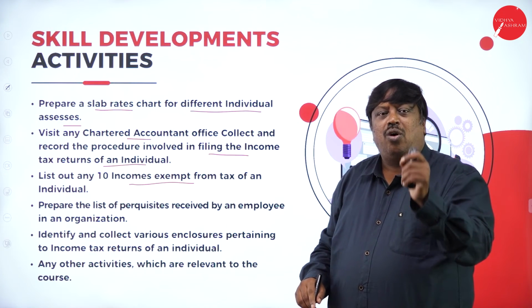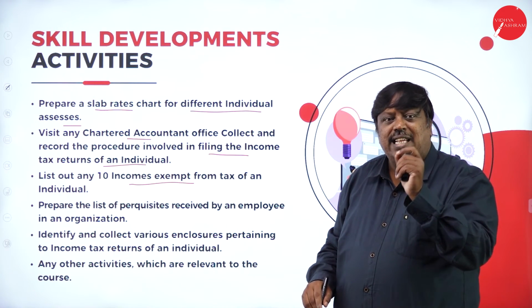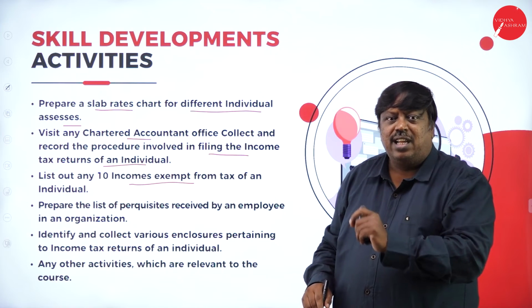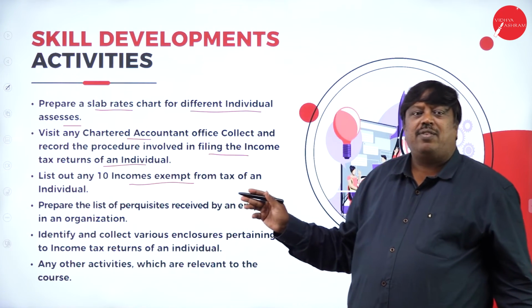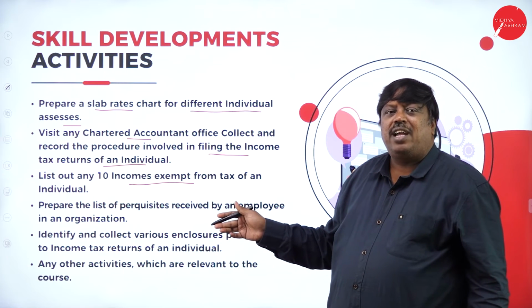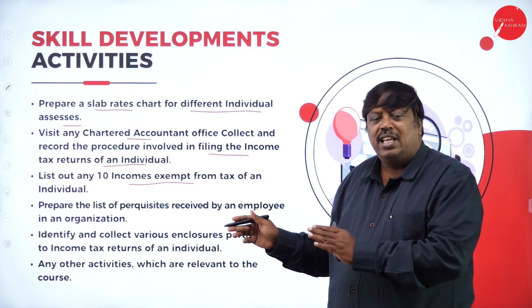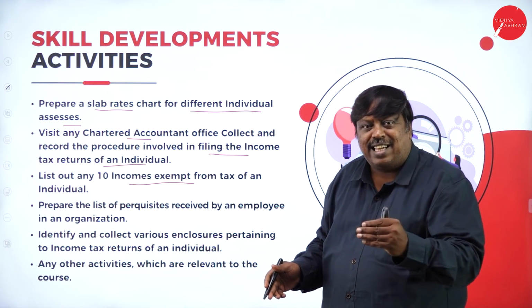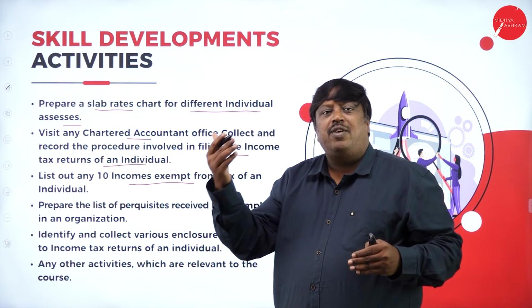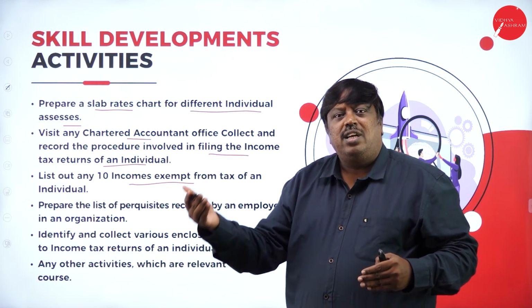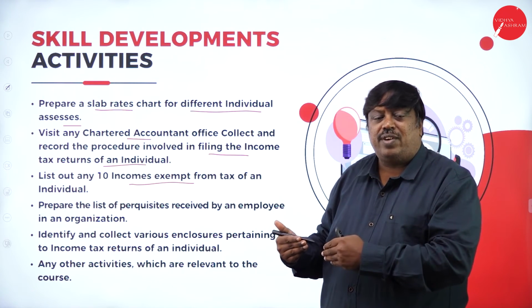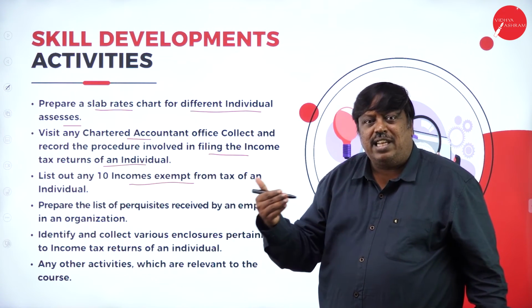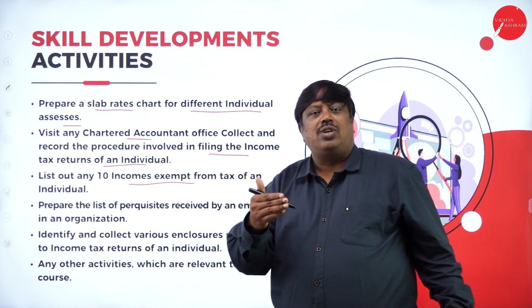Briefly mention all the exempted incomes under section 10, and I have to write all the 10 points here. For each point, we get 1 mark. If I prepare a chart and keep it, it will support my examination as well as my future business or employment growth, when I receive a source of income, to know which source of income is exempted and which is not exempted.